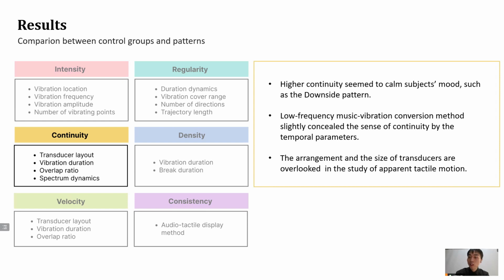Patterns with higher continuity tend to calm users' feelings, such as the downside pattern. And the low-pass filtered signal was found to provide less continuous waves when there were rich melodic variations in the music. Besides, we found that some tactile parameters like the arrangement and the size of transducers were always overlooked in the study of apparent tactile motion.